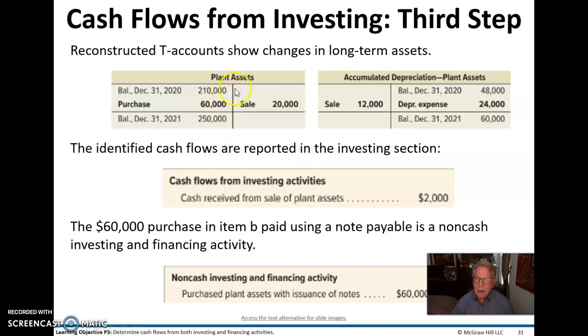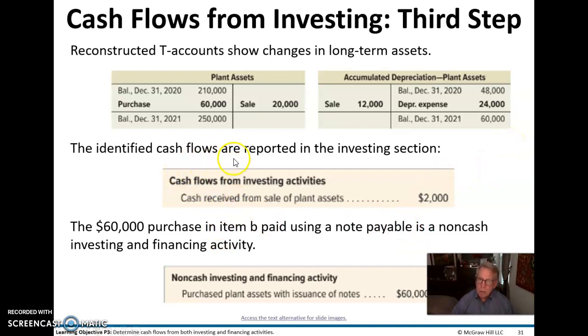Here we had the 210,000. We purchased this plant asset for $60,000, but we sold $20,000 of it. And the accumulated depreciation, same kind of thing. We sold $12,000. We had additional accumulated depreciation of $24,000, which drove the balance up to $60,000.